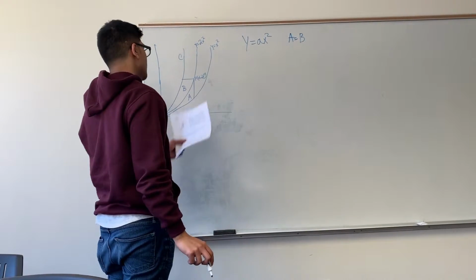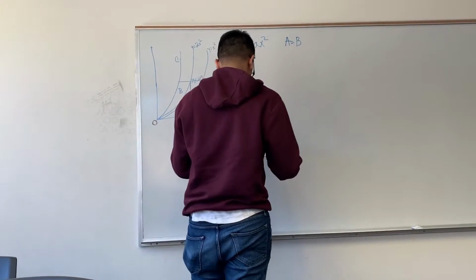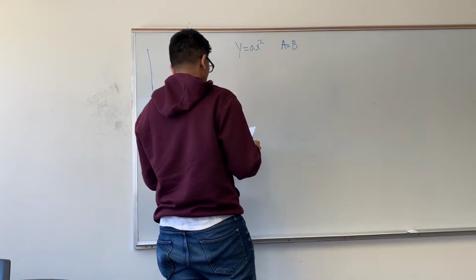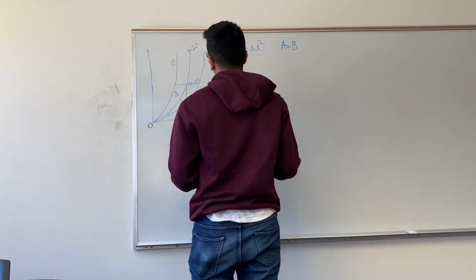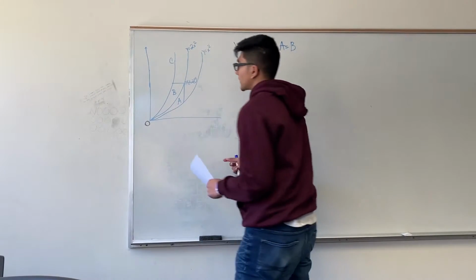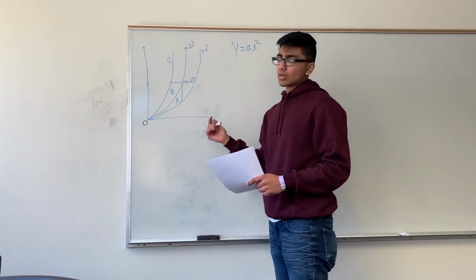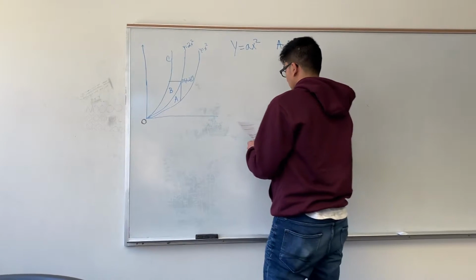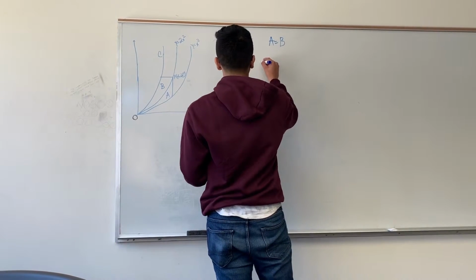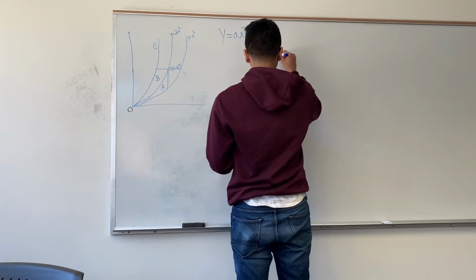Alright, so now that we have that point, we can start looking at region A. In order to do that, we have to use these two equations because we're trying to find the area in between two curves. So, therefore, our integral or our area function for A will look like this.